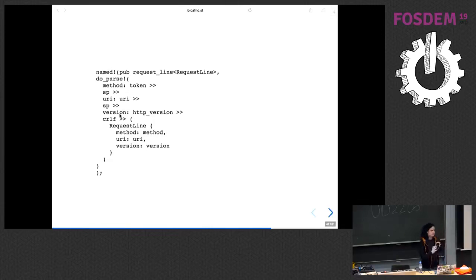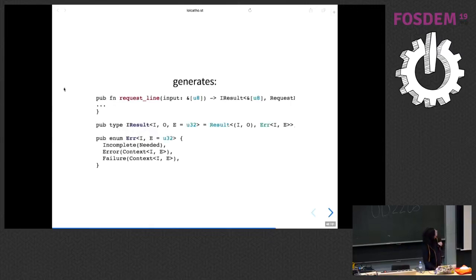And if you only got the method and the URI and nothing else, it will just say, okay, the result I return is incomplete. I need more data. But if there's even the smallest error, it will say, okay, now you have to stop. This was an invalid message. You have to stop with that. So nom is able to work in streaming, to work with partial data, and really helps with that type of programming.